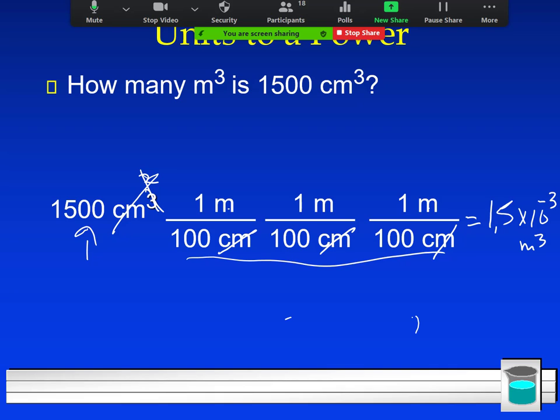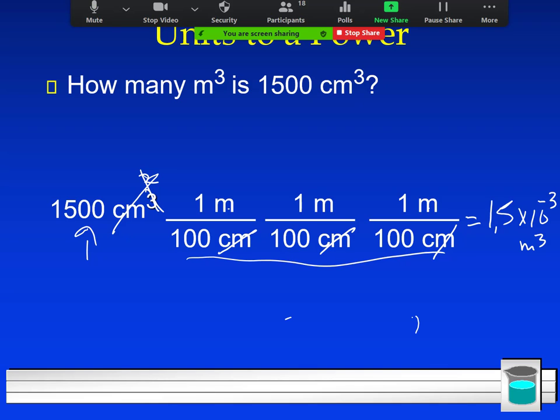Because if you take 1,500 divided by 100, divided by 100, divided by 100, it gets you 1.5 times 10 to the minus third.